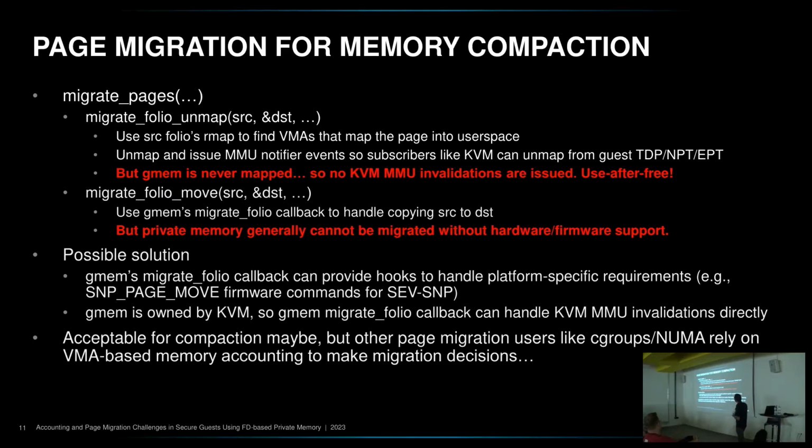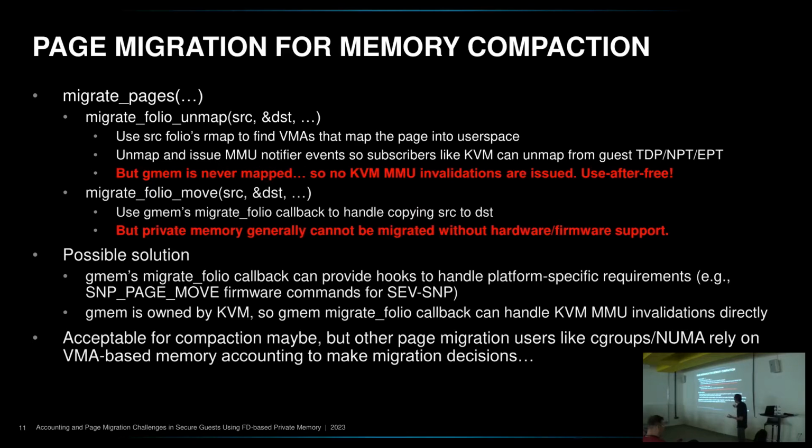But one issue we run into here is that with GMEM, we never map that page into user space. So when we're trying to determine what processes we should send those MMU notifier events to, we don't see any VMA, so we don't send any notifier events to any processes.